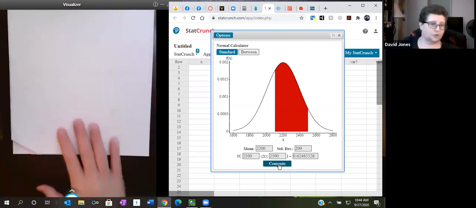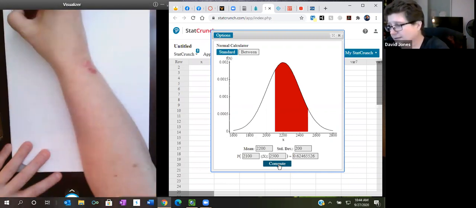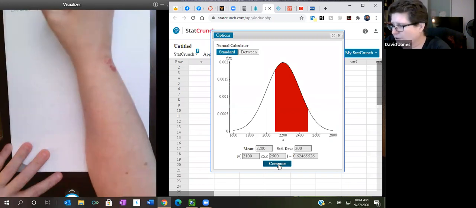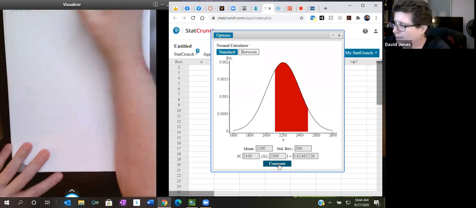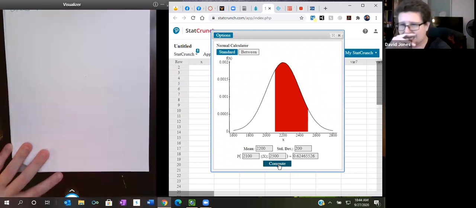So let's just draw what I have on the screen: giraffes between 2,100 and 2,500 pounds, assuming that I have the correct mean and standard deviation. I don't know, I'm not a zoologist. I picked those numbers.